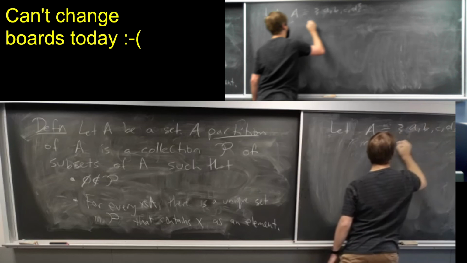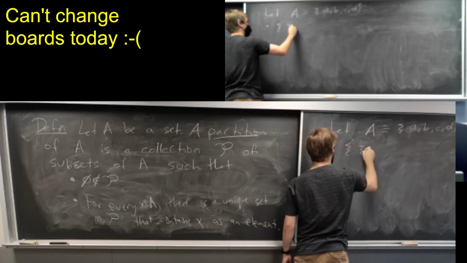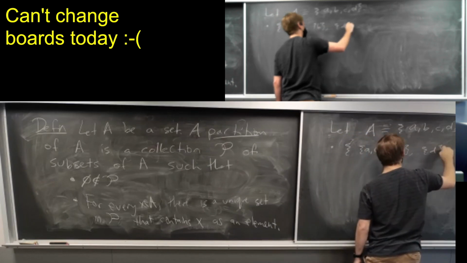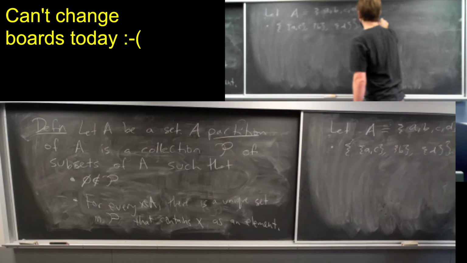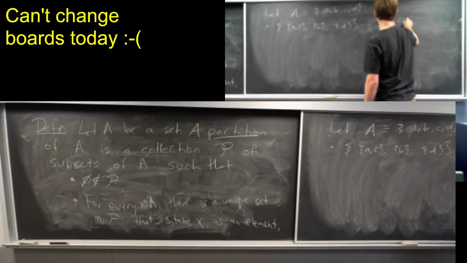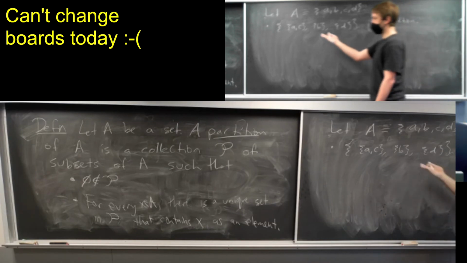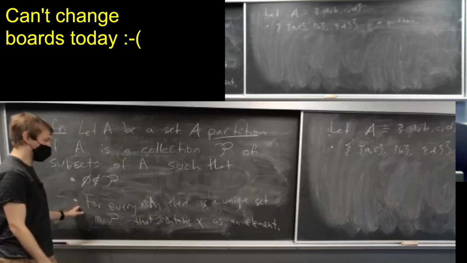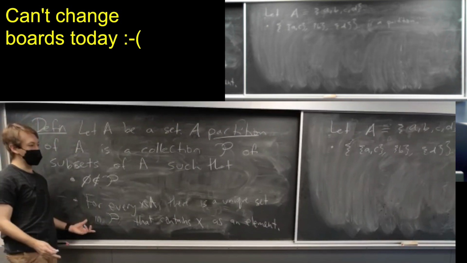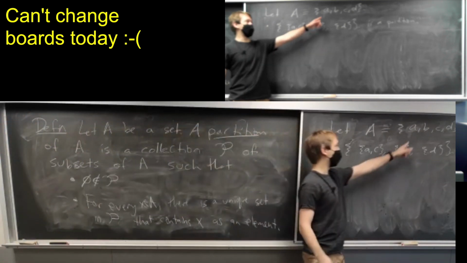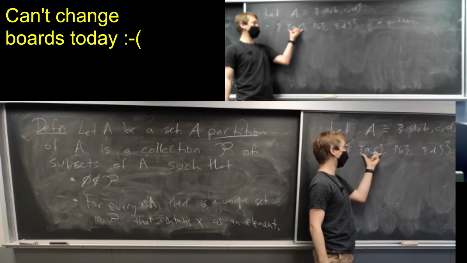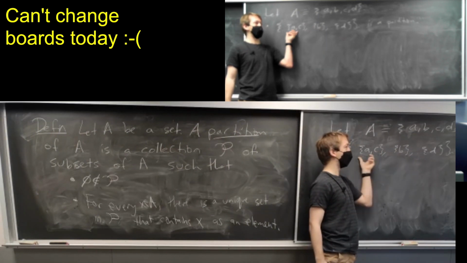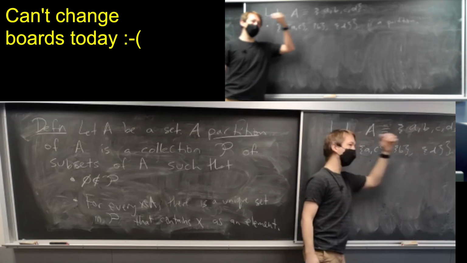If I take {{A, C}, {B}, {D}}, that is a partition because it satisfies the two conditions, right? The empty set's not in there, and for every element, there's a unique set that contains it. Because A appears here, but doesn't appear in the other sets. B appears here, but not the other sets. C appears here, D appears there.